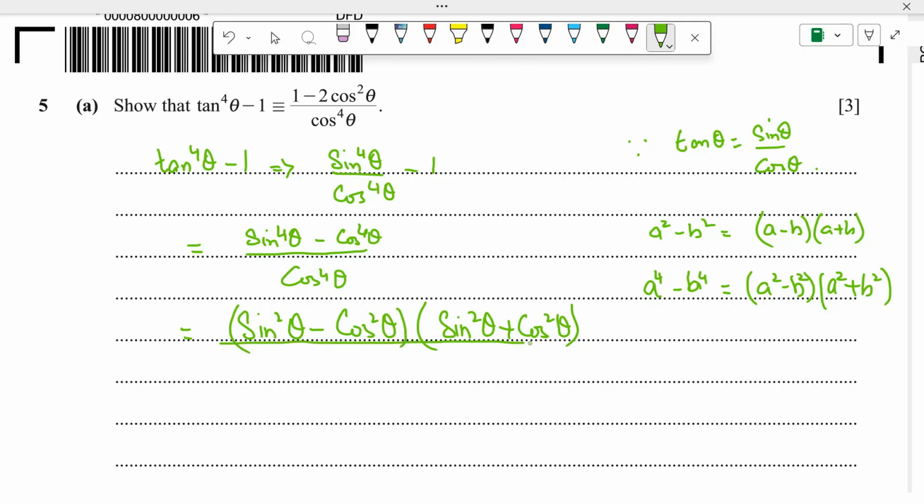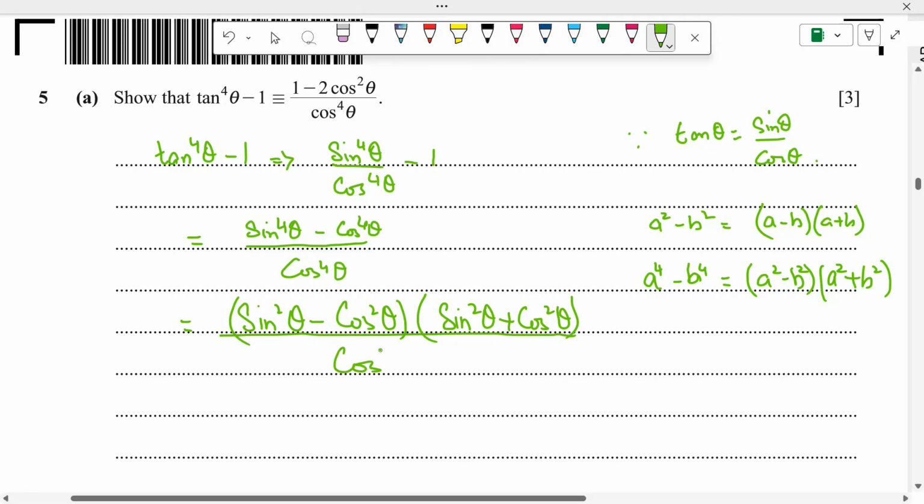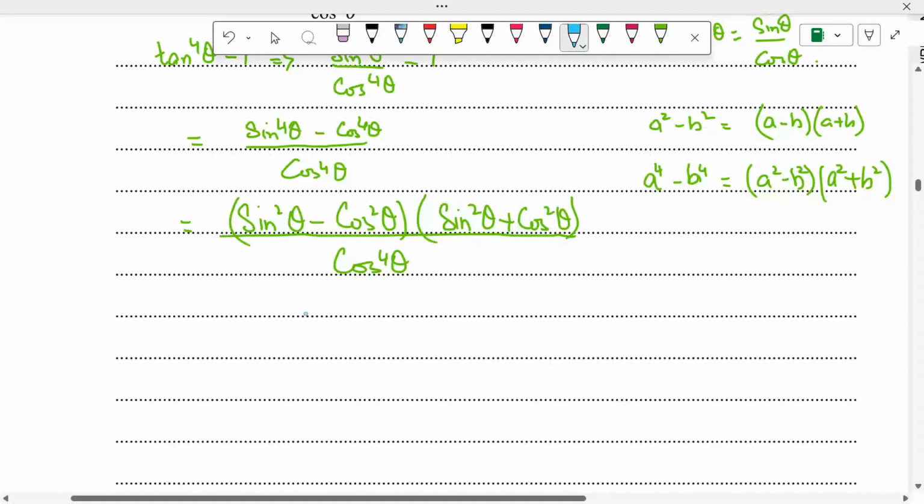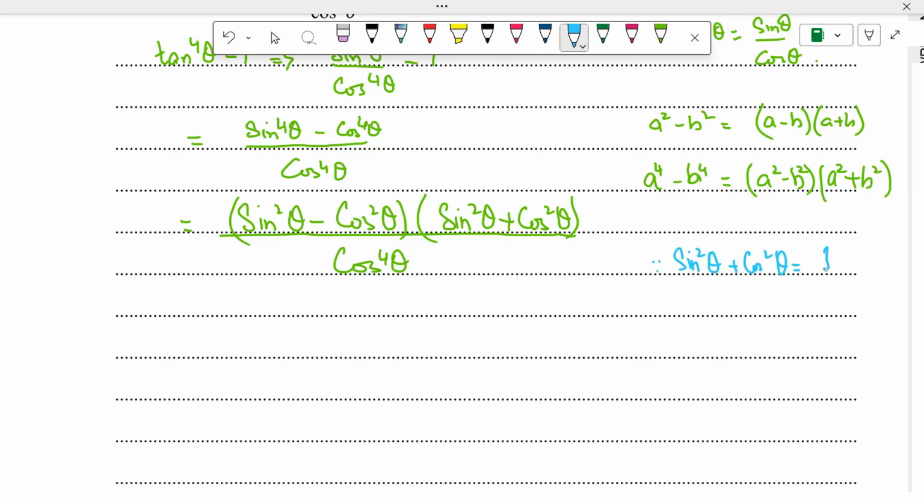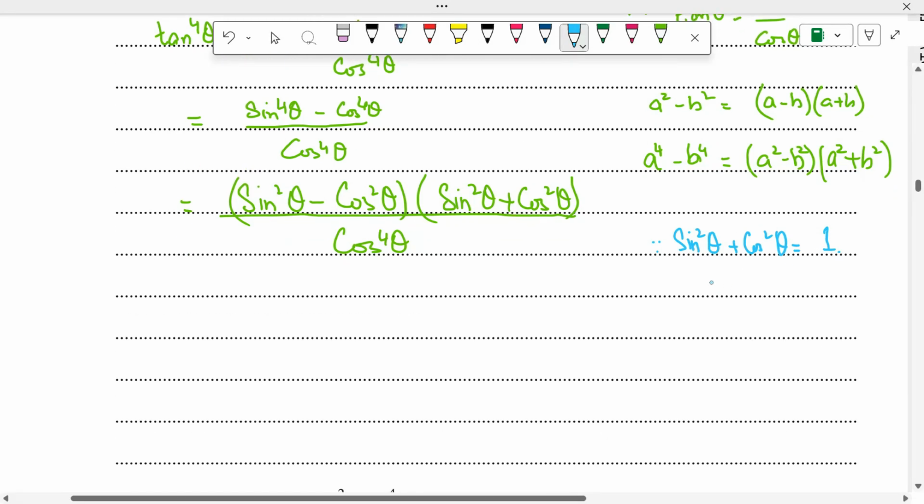over cos to the power of 4 theta. Okay, and we know that sine squared theta plus cos squared theta is equal to 1, and we also know that sine squared theta is equal to 1 minus cos squared theta. So we will use these two equations.